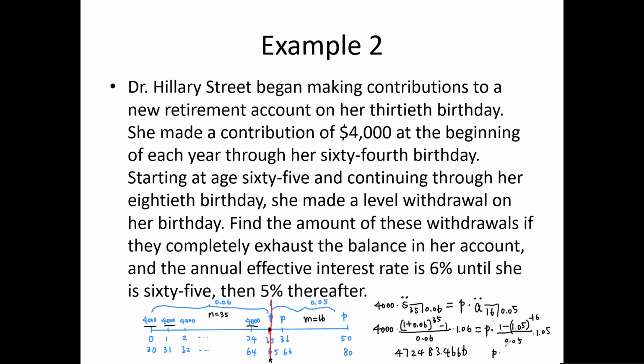The right side, this quantity is 11.379658. And then you divide this number by this number, you would get P. P is 41520.01.